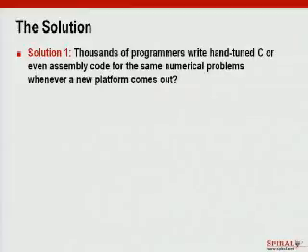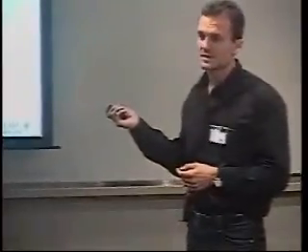So what are people doing currently? There is the brute force approach, which is you take sufficiently many, sufficiently talented programmers, and you let them re-implement the same thing over and over again. That means somebody sat down and wrote a fantastic FFT, for example, for a Pentium, and then for a Pentium 2, Pentium 3, Pentium 4, a different one maybe for Itanium, and very often this code is written in assembly code.